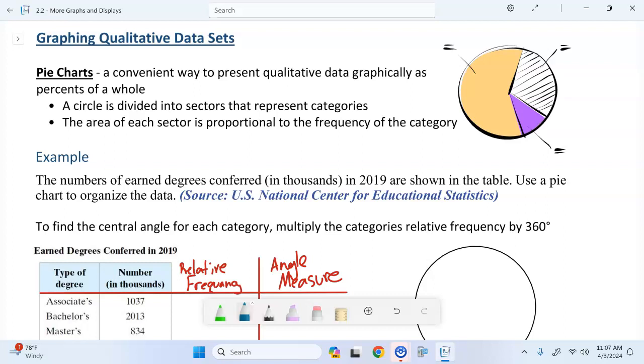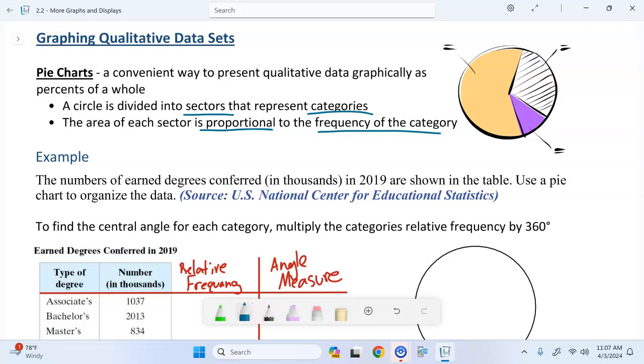Pie graphs use the area of a circle to indicate a percentage that that response or that data value consists of the whole. So we divide the circle into sectors that represent each category, and it will always be proportional to the frequency of the category.